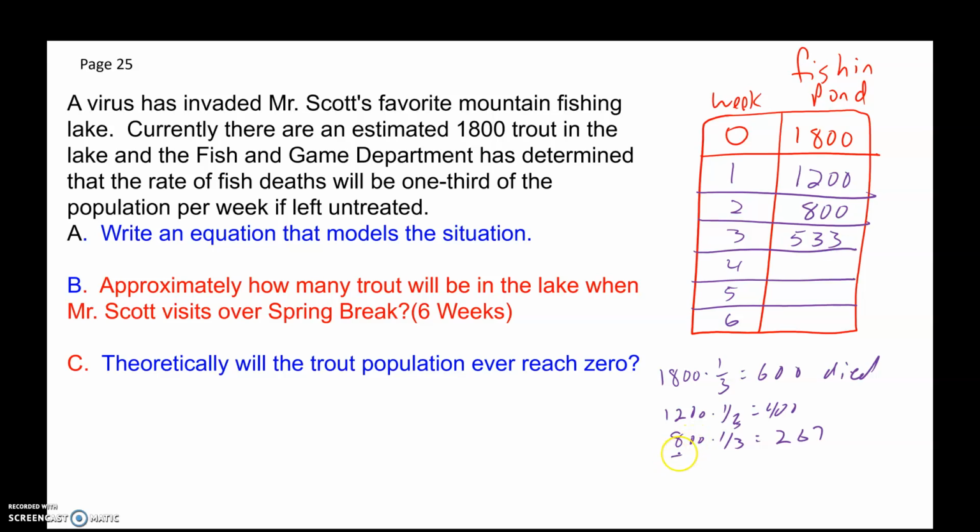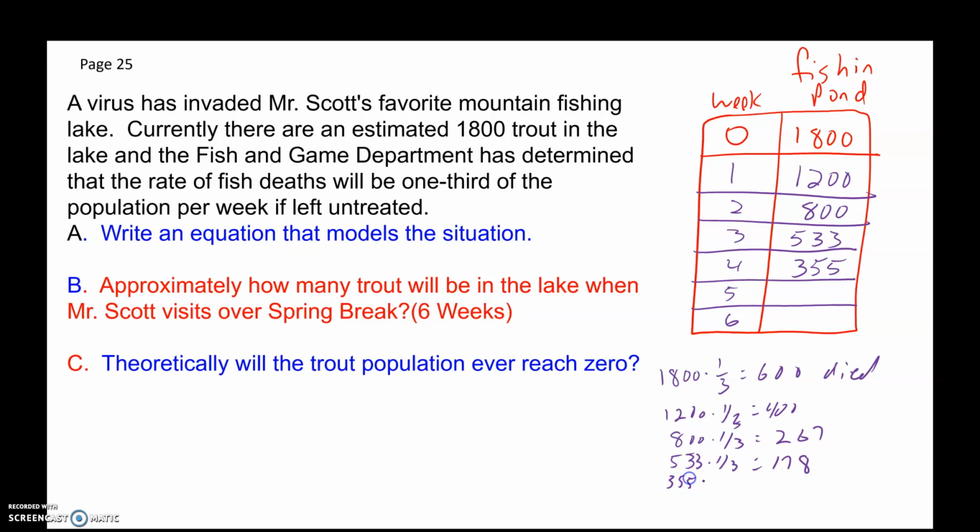It's working our way down. So we're going to take 533 times 1/3, and we get 177.66 or 178. So now I need to do 533 minus 178, and we get 355 fish still alive, so it's shrinking.